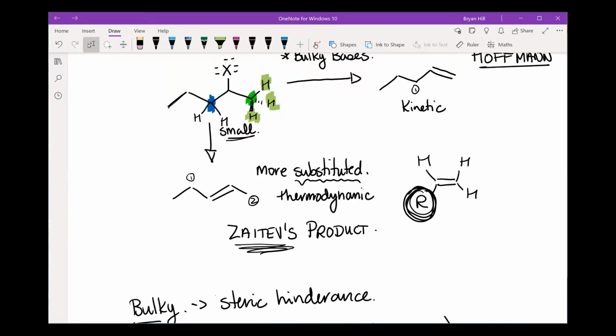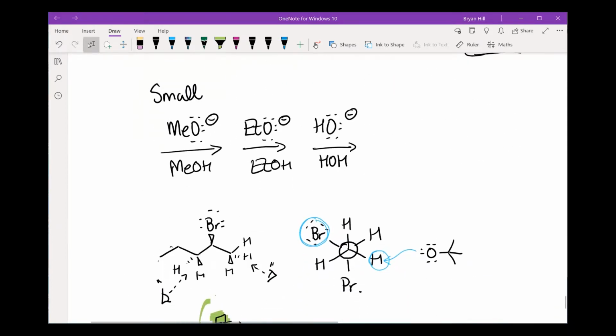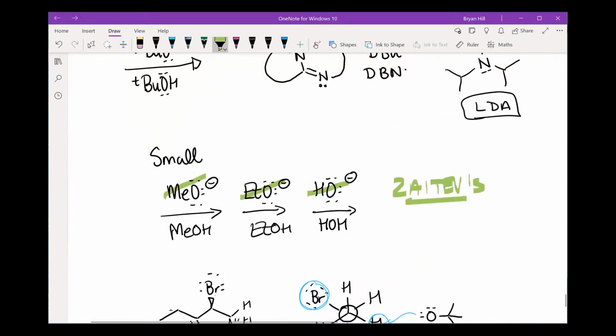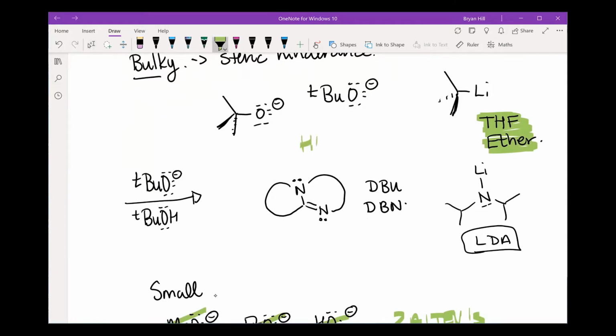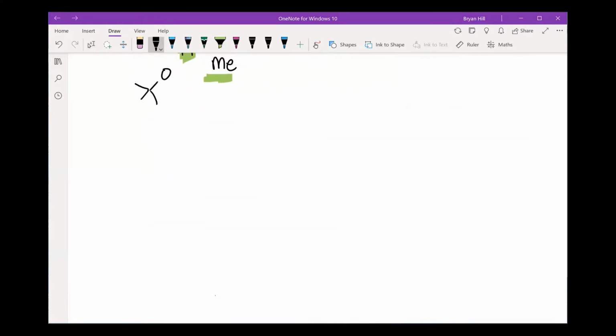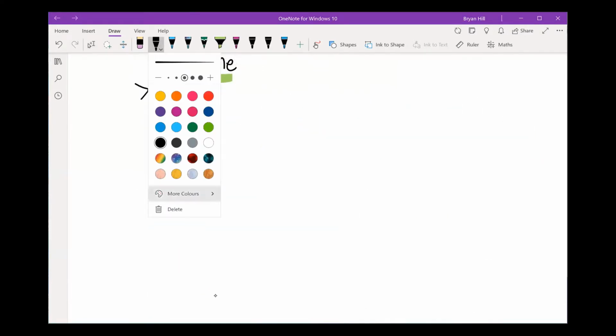If you use a small base, and the bases that we'll be using will be methoxide, ethoxide, hydroxide, these will form Zaitsev's products. And if you use large bases, these will form the Hofmann. Now, in the case of primary alkyl halides, there's only one possible product, right?